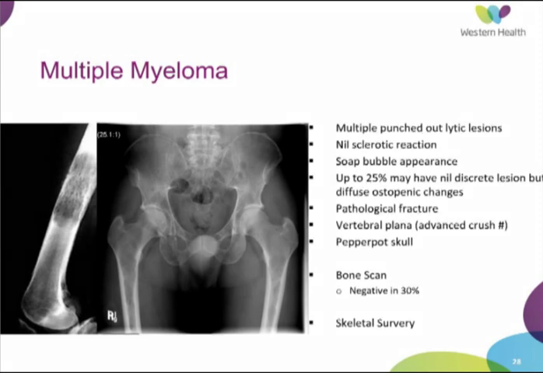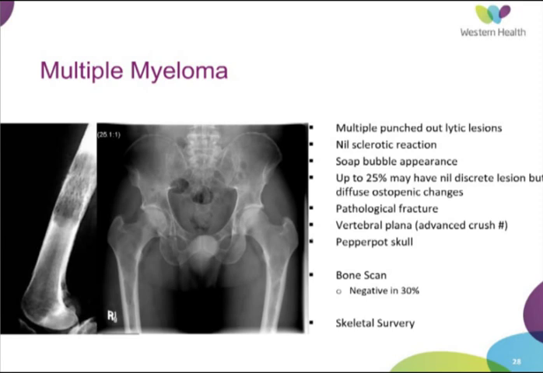The X-ray appearance of multiple myeloma is multiple punched out lytic lesions. There's not your normal tumour-looking sclerotic reaction or soft tissue reaction surrounding these lesions, and they can have a soap bubble like appearance within the lesion itself.